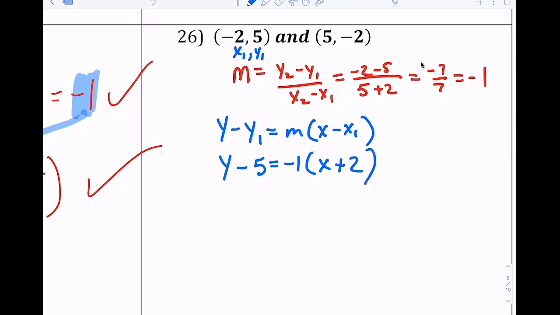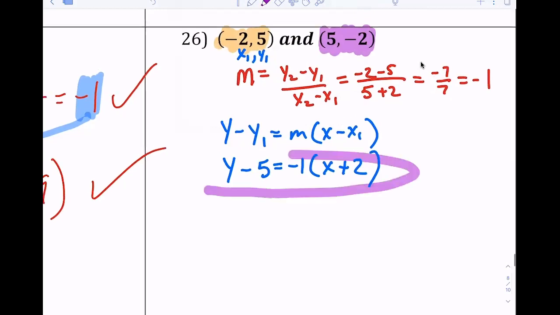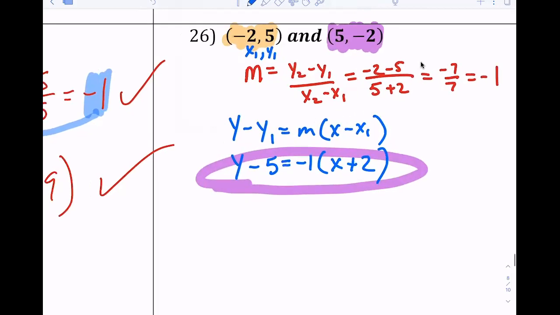Okay. Now, let's say we didn't use this point, but we decided for some reason to use this other point. You have an option. You could have chosen this as an answer, or you can say y plus 2 equals -1 times x minus 5.